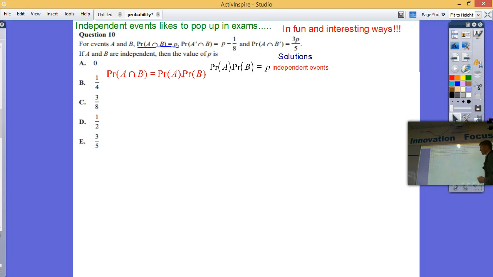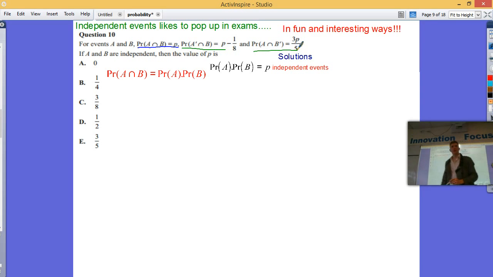And then I might be interested in how probability of A and probability of B are made up. What other expression are they equivalent to? How can I draw on my other information that's given to me, such as this one and this one, and build it into these two?